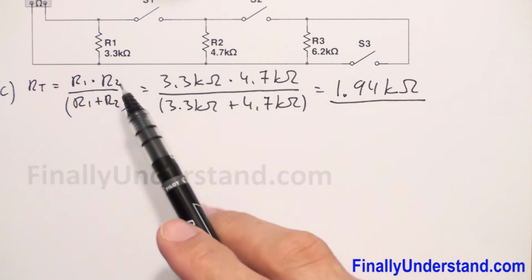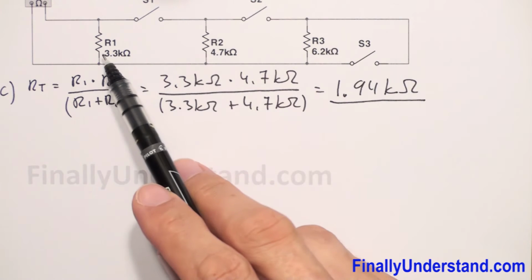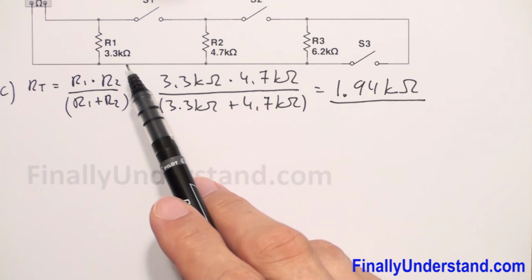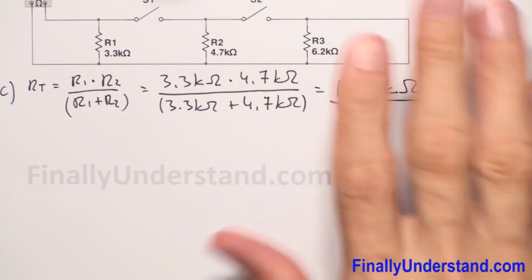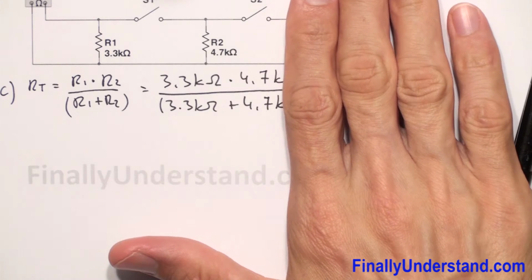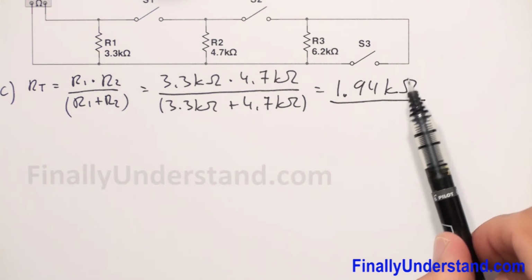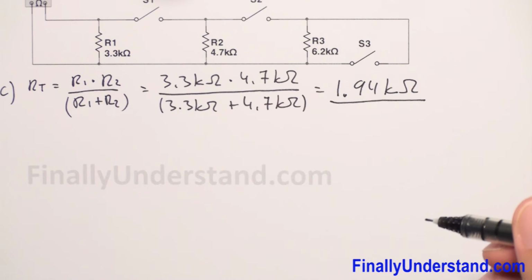Again, please notice that the total resistance of these two resistors, which are connected in parallel, is less than the value of the lowest resistance in this circuit. I'm talking only about these two resistors. So we got value 1.94 kilo ohms. So it means that our answer is correct.